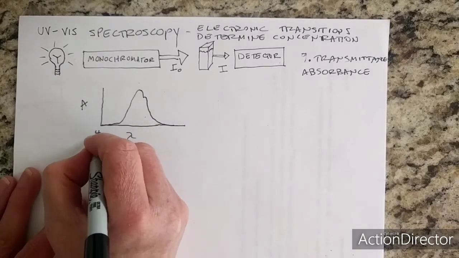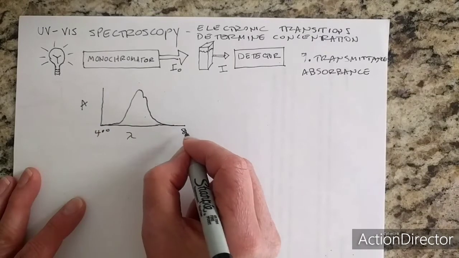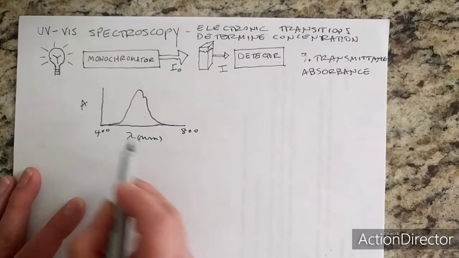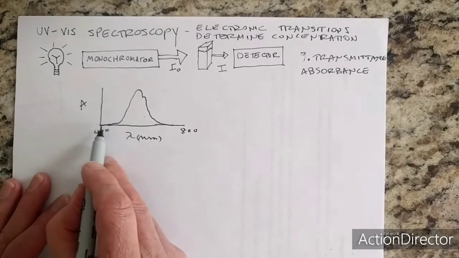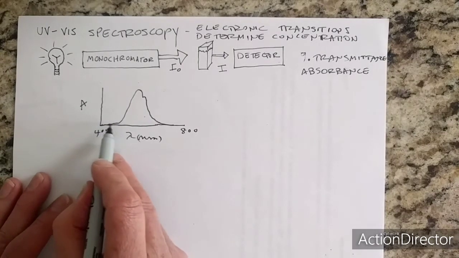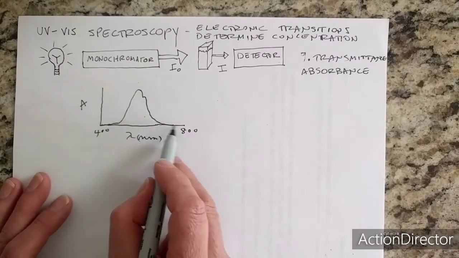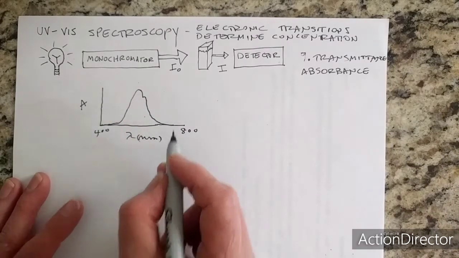And if our wavelength is going, say, from 400 to 800 nanometers, so around 400 or 500 nanometers, our sample doesn't absorb, and then now here it is absorbing, and then when we get to 700-800, it's not absorbing again.